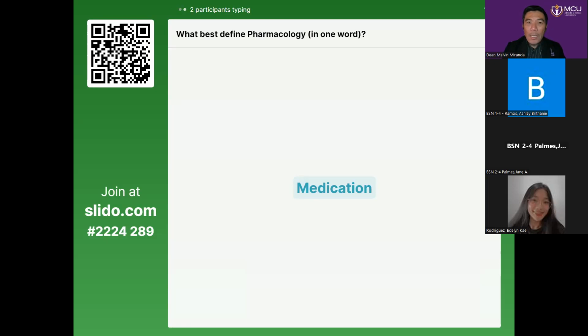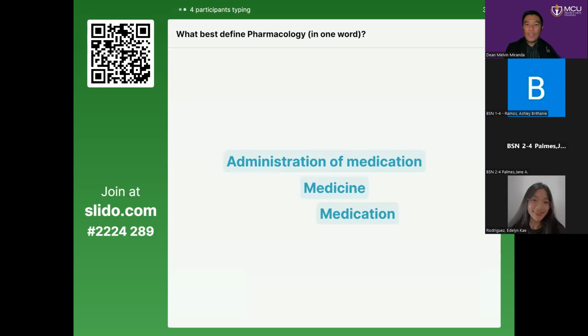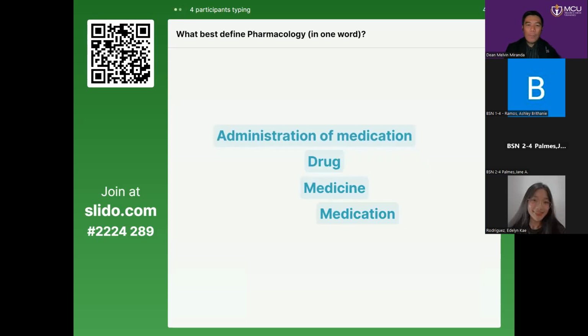It will identify those who have participated in the interactive sessions, and it is very much appreciated for those students who participate. So we have one word that now appears in our interactive board: administration of medication. If we're talking about pharmacology, we're talking about drugs, medicine, medication. So please continue to indicate your responses because we will have a discussion on this.